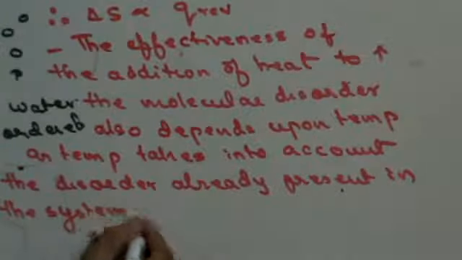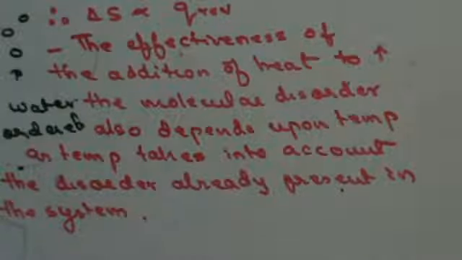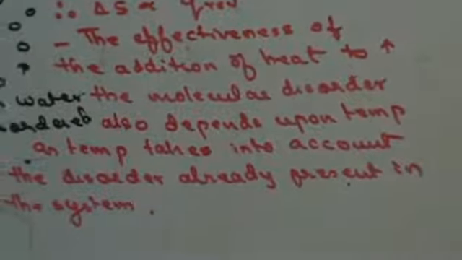That means if a system is at high temperature, it is already at a high disorderly state. Supplying heat would not change the disorderliness. But if a system is at low temperature and if I supply heat to it, then even a small application of heat would bring about a large change in the disorderliness and hence a large change in entropy. Right?